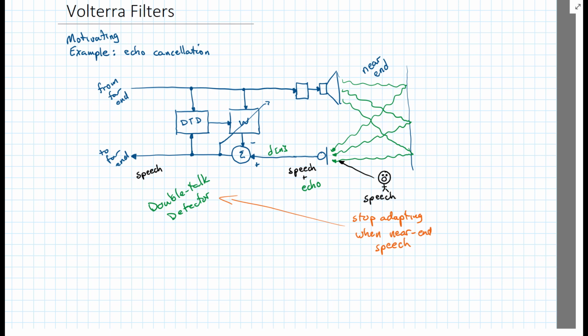It may simply turn the beta way down when there's near end speech. When there's only far-end speech, it may turn it way up. And when there is no far-end speech, it may turn off the adaptive filter as well to keep it from adapting on spurious things. So having this adapt at the right time is a critical part of the adaptive filter.